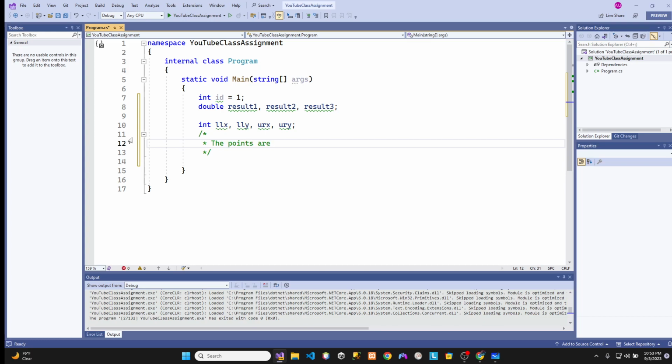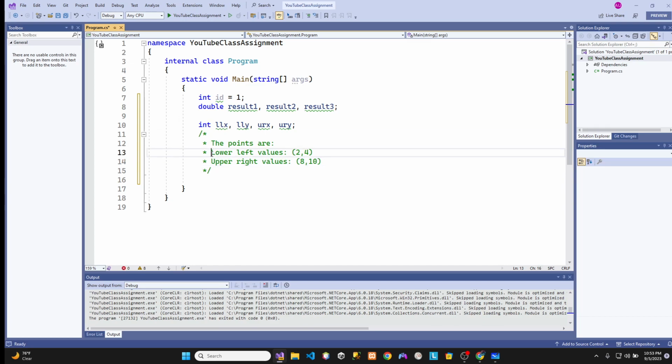The points are: lower left values 2 and 4, upper right values 8 and 10.